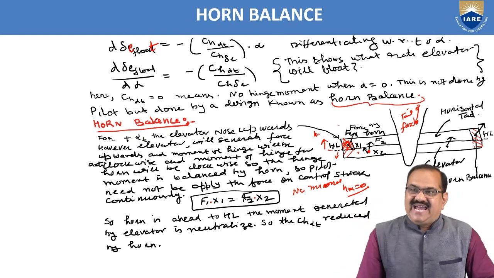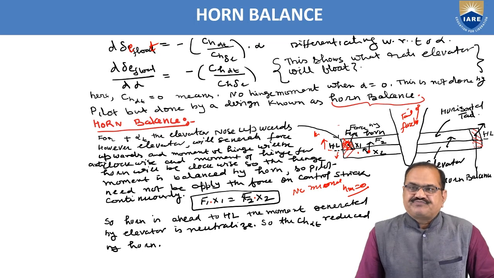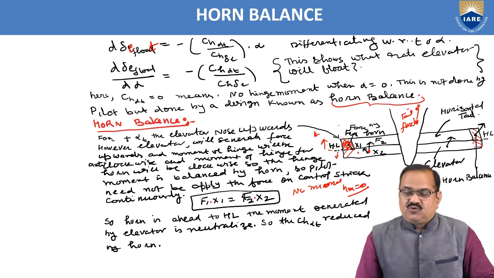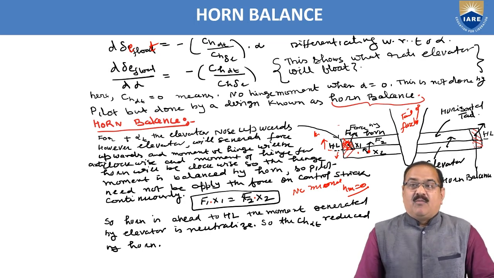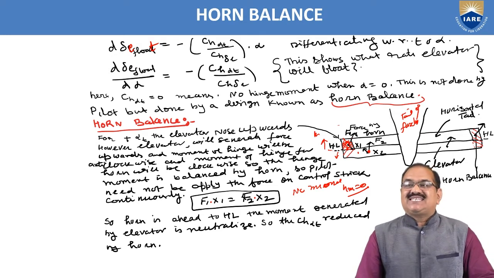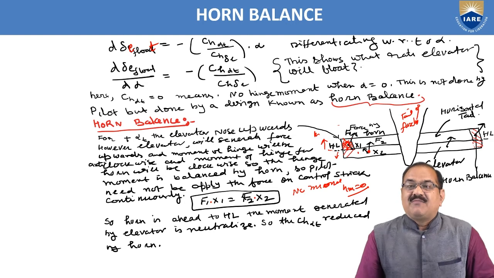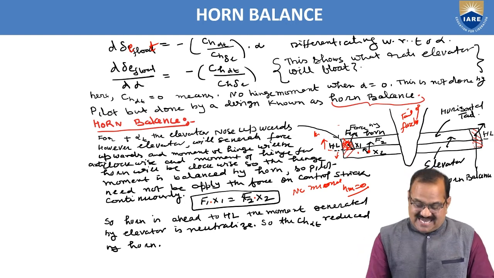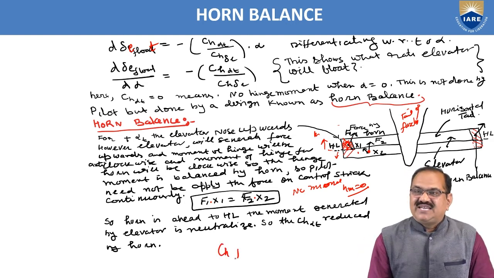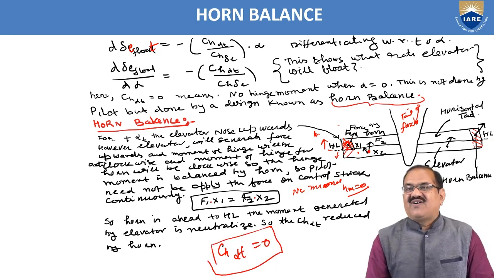So the horn is ahead of the hinge line. The moment generated by the elevator is neutralized, so CH alpha T is reduced by the horn. In this case CH alpha T will be 0. So the horn is making CH alpha T 0.